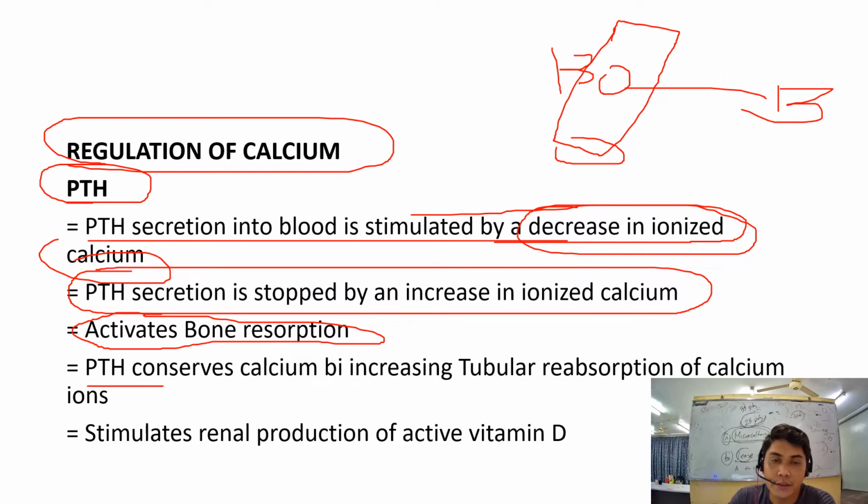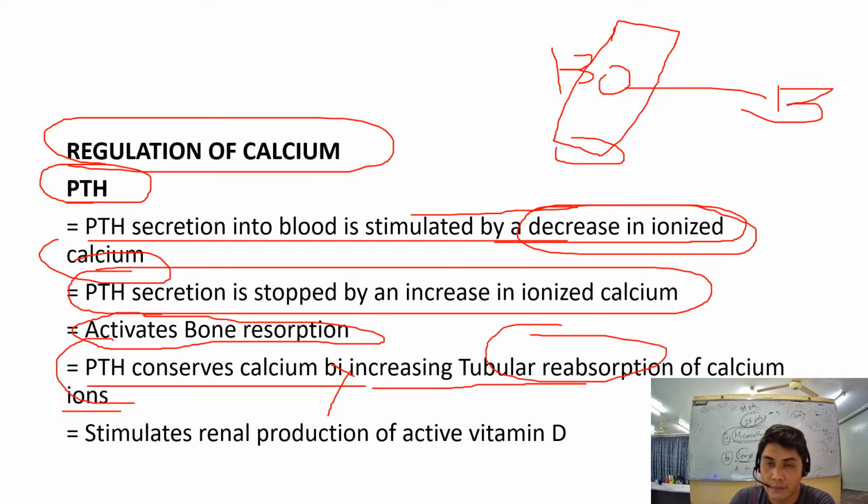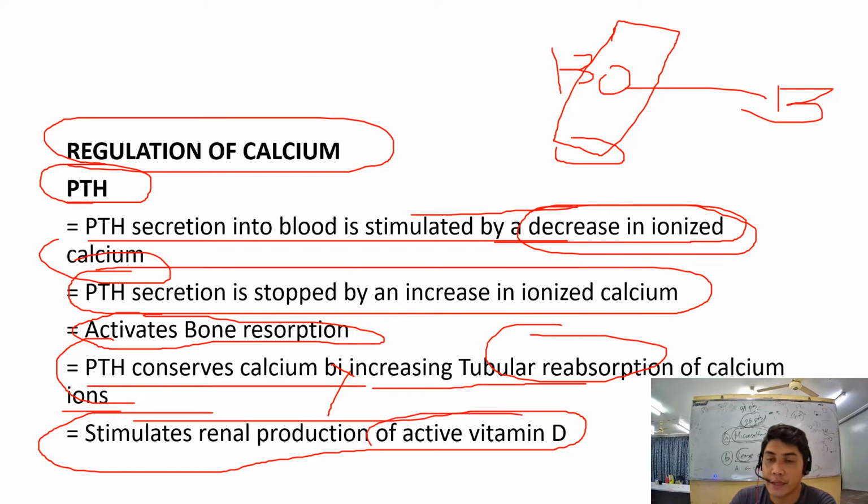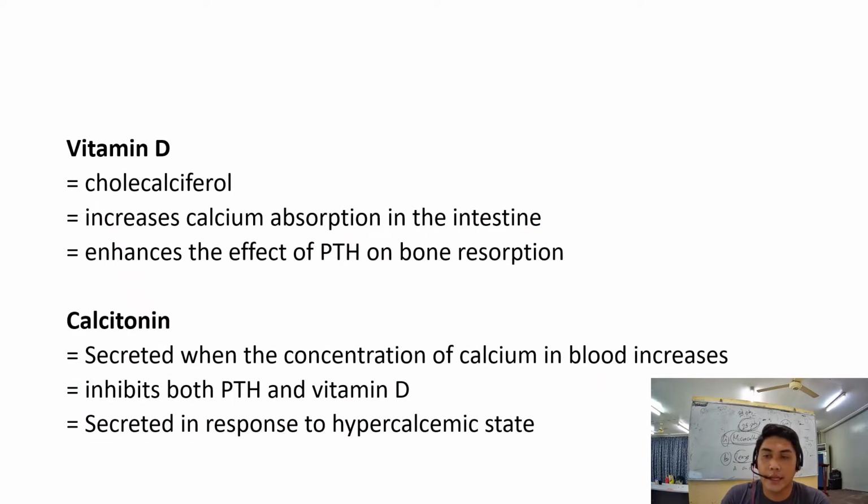Next, PTH conserves calcium by increasing tubular reabsorption of calcium ion. It also stimulates the renal production of the active form of vitamin D. Next, you have vitamin D, or cholecalciferol.